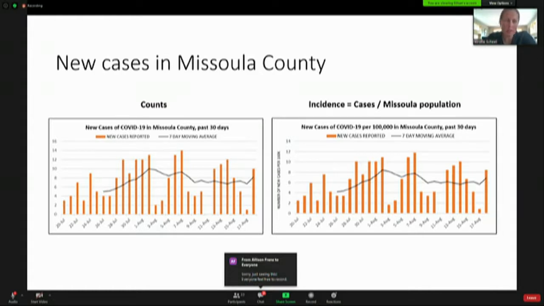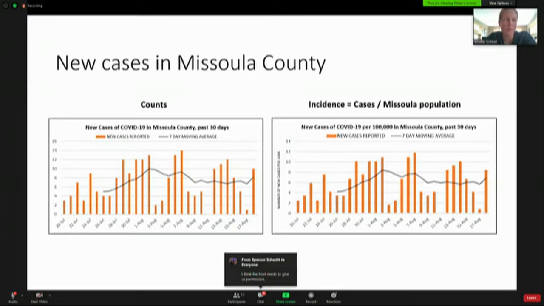Doing so allows us to see where we stand in Missoula County in comparison to some other communities, no matter what size they are. It also allows us to utilize some of the guidance on metrics issued by CDC and the WHO when we are looking at things like opening schools or issuing new control measures.